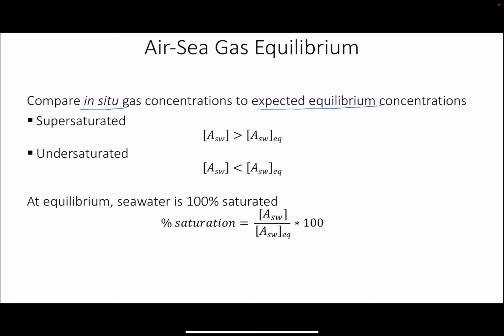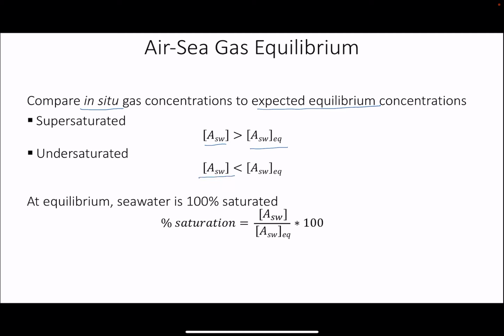And this is very useful because you can then describe the seawater as being supersaturated, undersaturated, or saturated. So when you go out and make a measurement of gas A in seawater, and it's greater than what you calculated as its equilibrium concentration, you can say that water is supersaturated with that gas. There's more of that gas in the seawater than we expect.